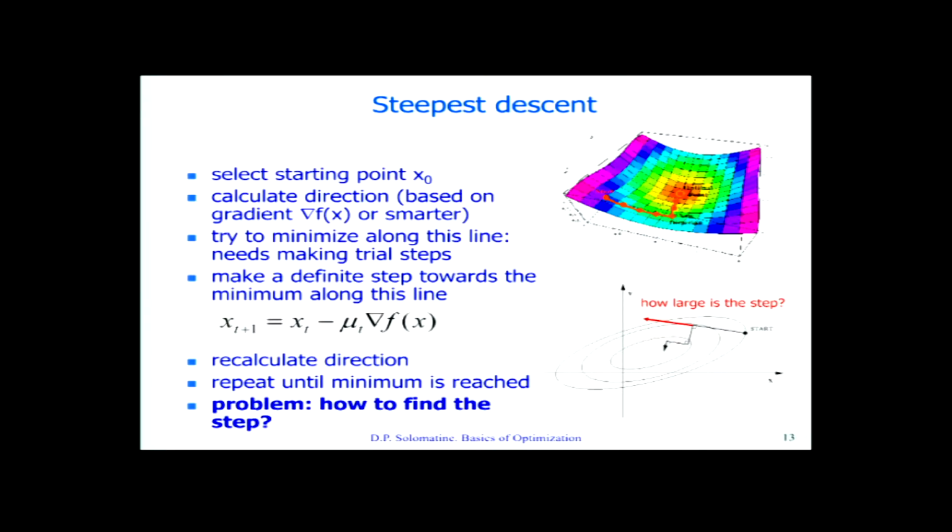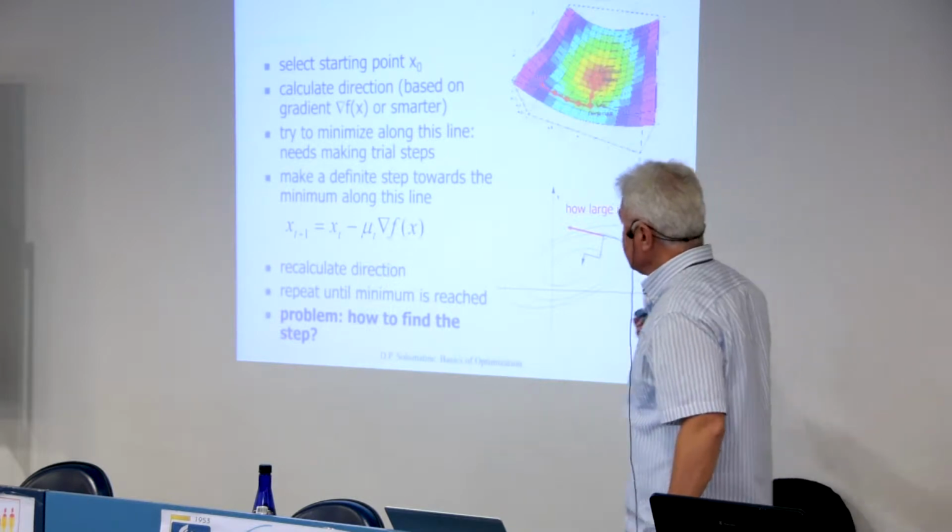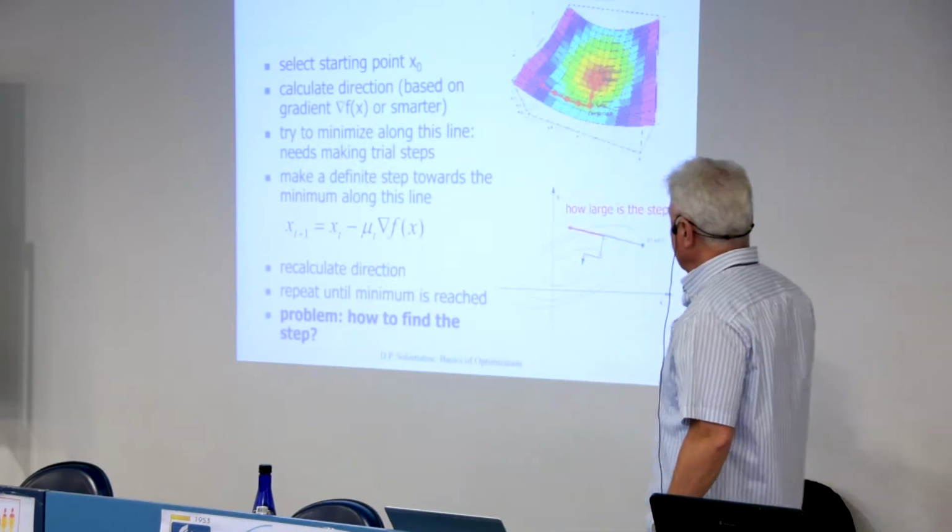So every time you make steps in the direction of the gradient, you have to stop at the moment when the function stops decreasing and make a new step in the new direction, and every time you will be making steps at 90 degrees from the previous direction. That's the classical steepest descent method.